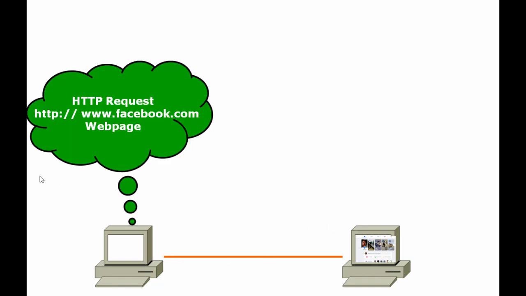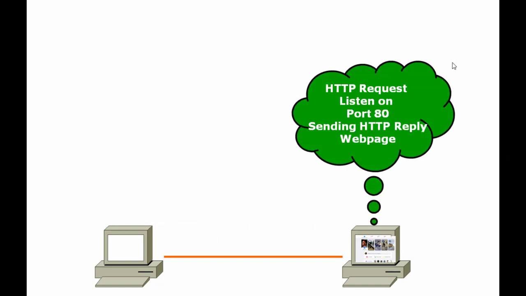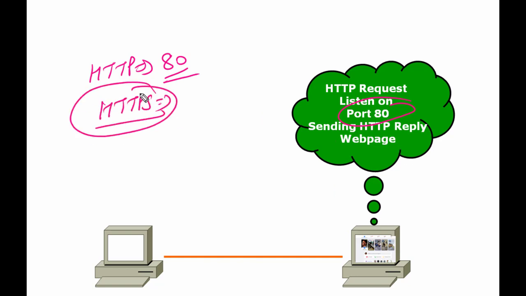When an HTTP request is made, the client sends the request to the web server, and the web server receives that information on a port number. If the request came from HTTP, then port number 80 is used. Now Facebook is secure, HTTPS, Hypertext Transfer Protocol Secure, so the port it listens on should be 443.